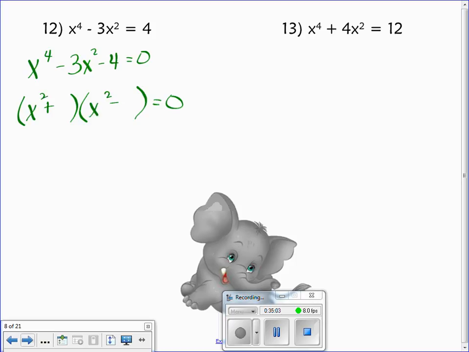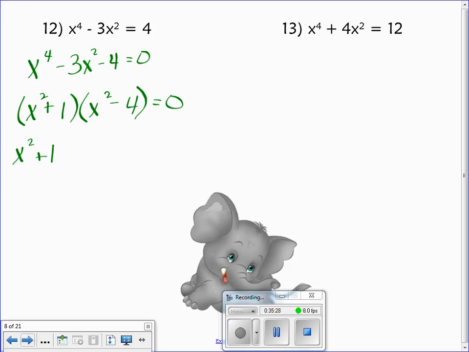Options for 4. 1 and 4. You were at 1 and 4, because this gives me positive 1 minus 4. So I wanted the negative, so you're good.